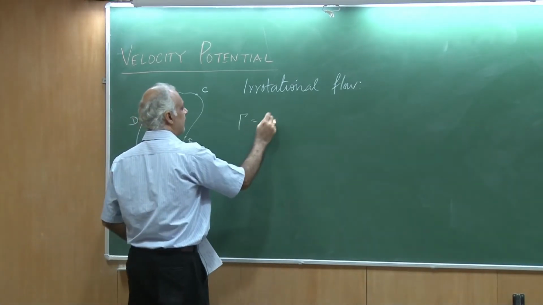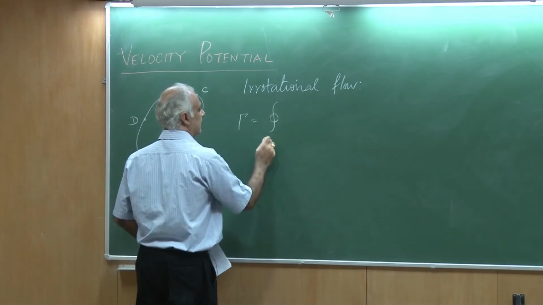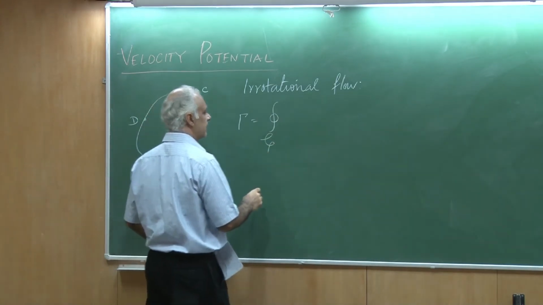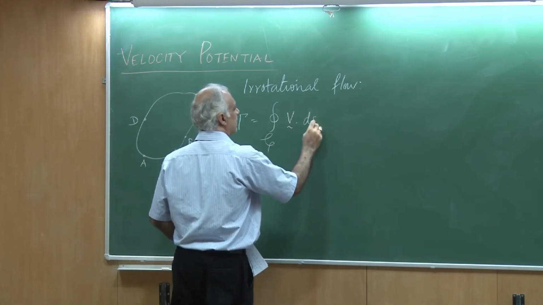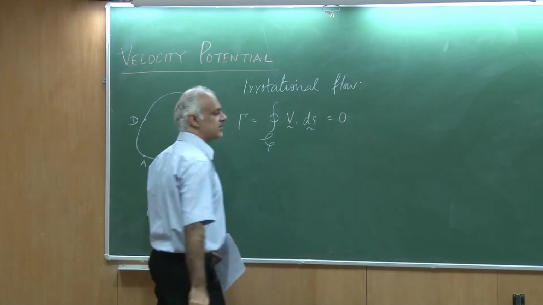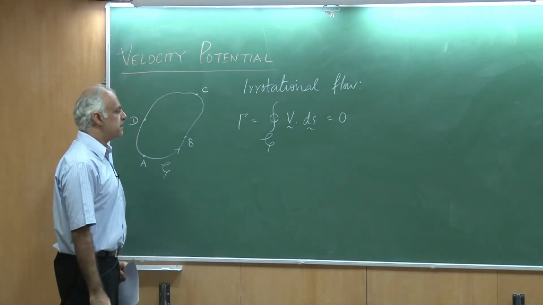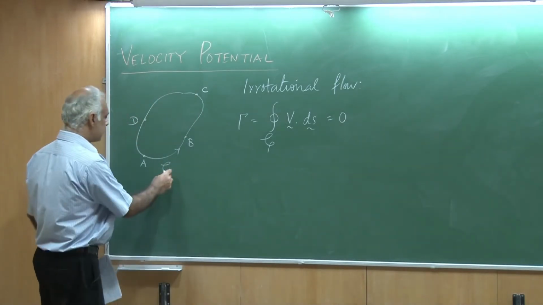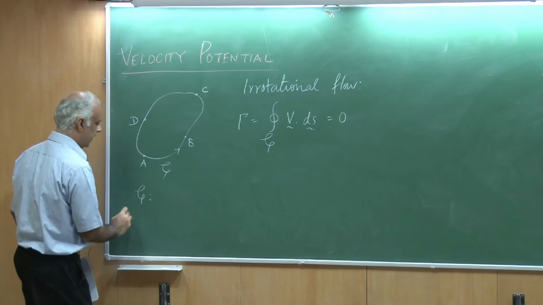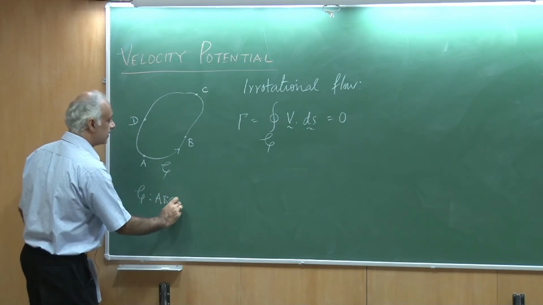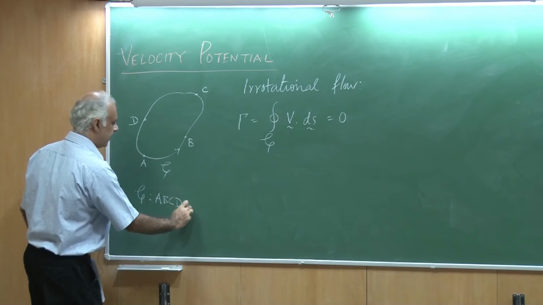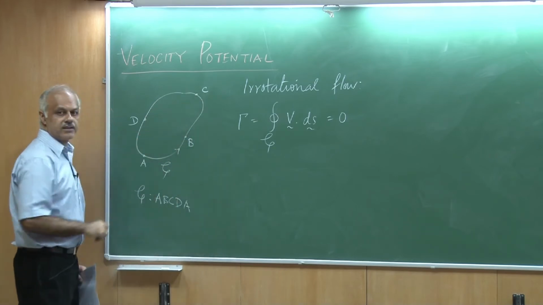So, gamma is defined as the circulation on this closed curve C, integral of V dot ds, this is 0. Now, the curve C, as you can see, is in this manner A, B, C, D, A. So, I just have to go around it.